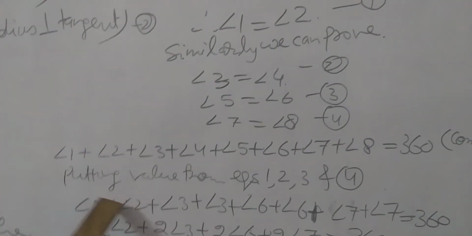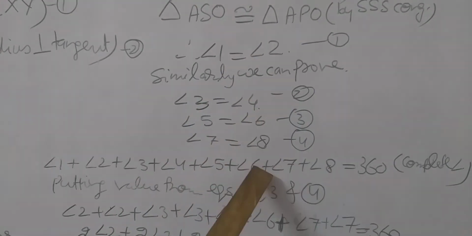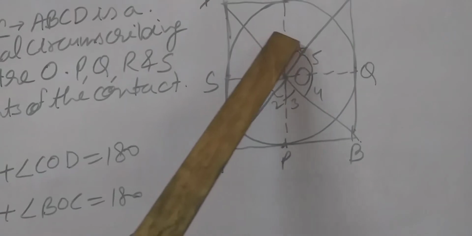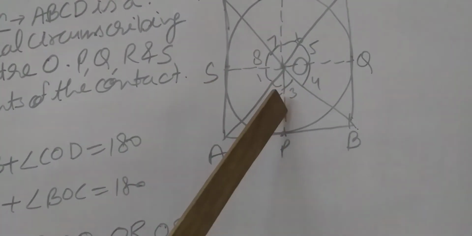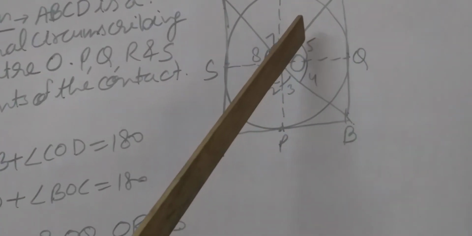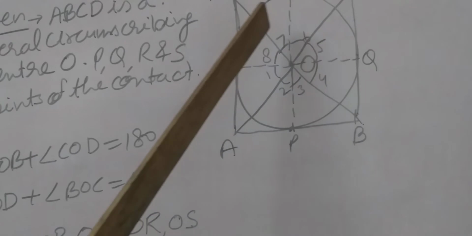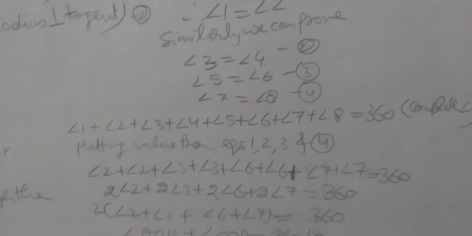So now, putting the values from equations 1, 2, 3, 4. Students, we need angles 2, 3, 7 and 6. So in place of angle 1 we can put angle 2, in place of angle 4 angle 3, in place of angle 5 angle 6, and in place of angle 8 angle 7, from these 4 equations.